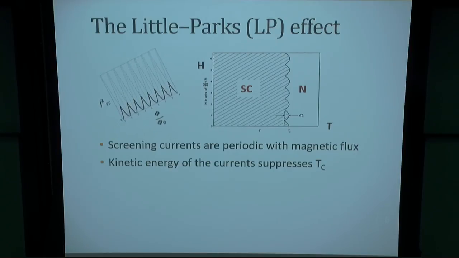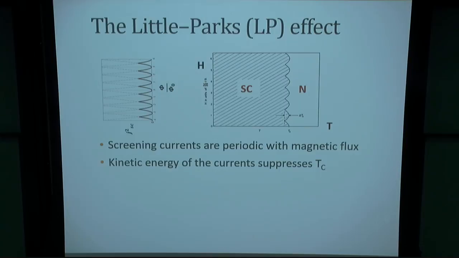But I just rotated it to show you that this immediately explains the phase diagram, the H-T phase line which separates the superconducting and the normal phases. Here you see clearly the oscillations in TC.